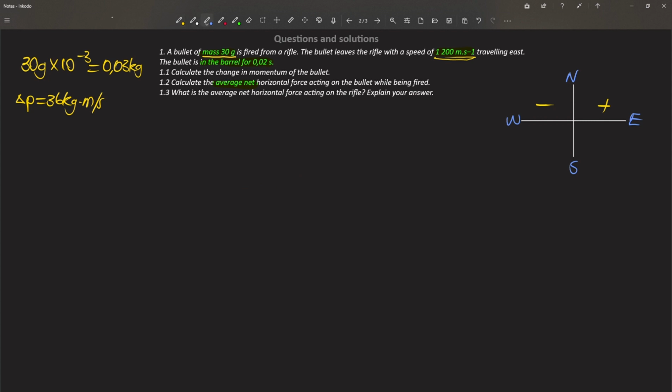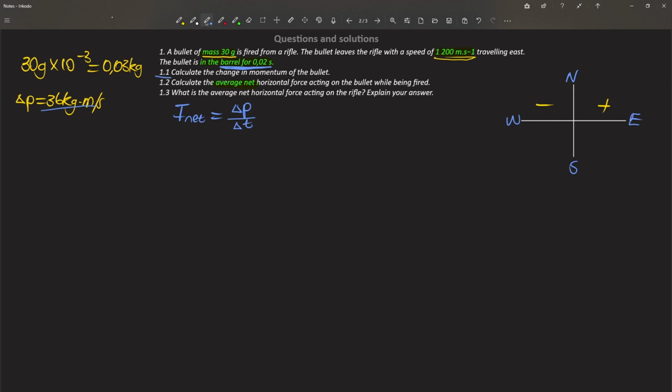The average net force, I've just shown you this formula right now. It's change in momentum over time. Now let's pay attention. We now have time here, which is 0.02 second, and we also have the change in momentum that we have calculated from 1.1.